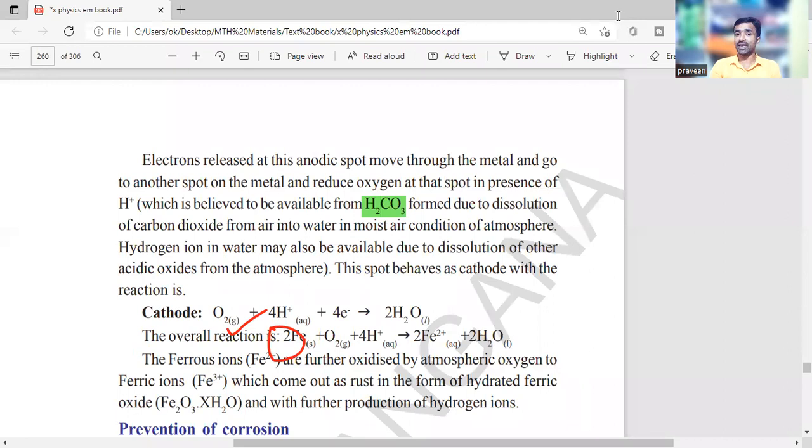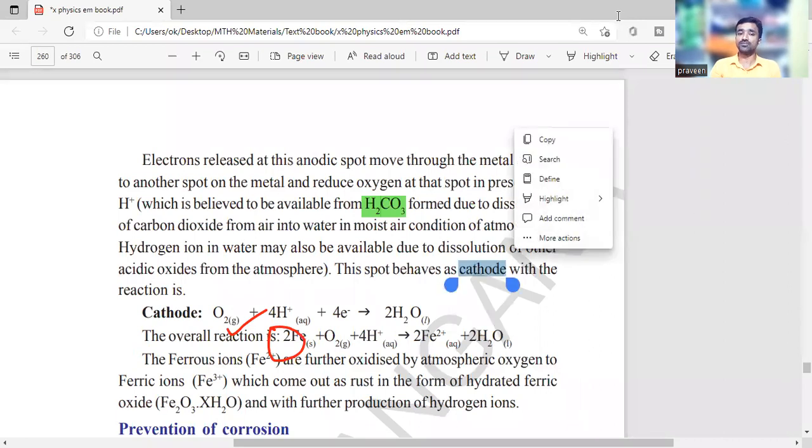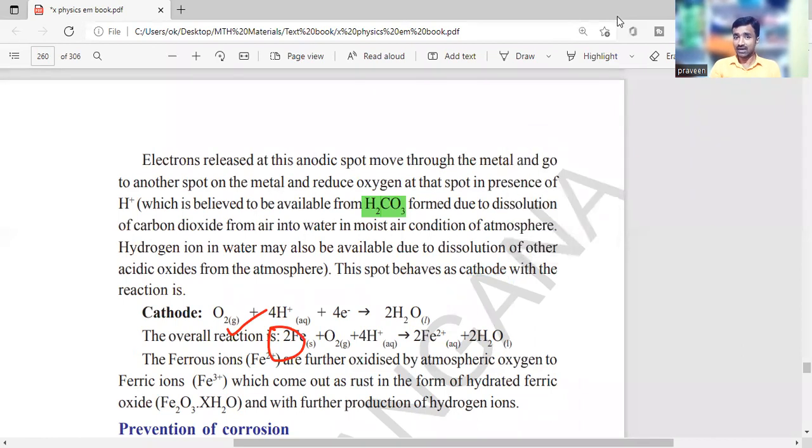So this spot behaves like a cathode. Here at the cathode, oxygen gains electrons and hydrogen ions are formed. So metal ions and hydrogen ions are formed here.